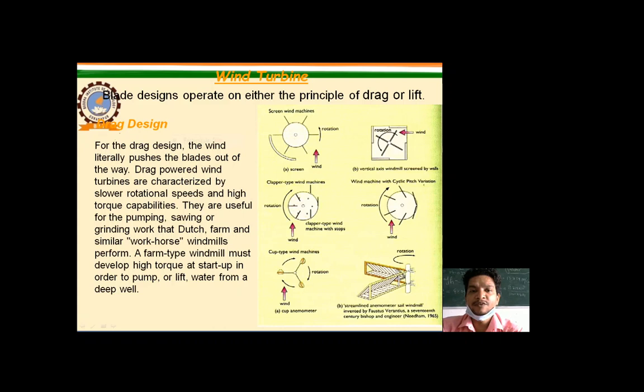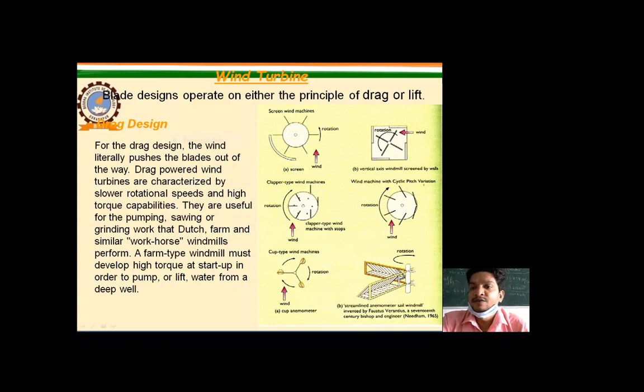Now, if we are talking about the drag design, we are watching this slide, and you can see some lines written over here. For the drag design, the wind literally pushes the blade out of the way. When this wind pushes the blade, some type of force would be applied, and that would be drag force.